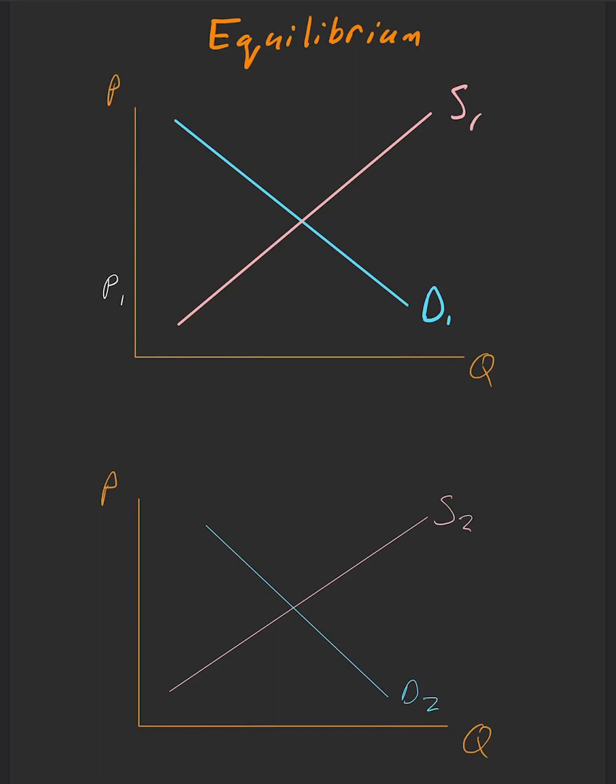Say the initial price is very low. Then the quantity that we're demanding will be very high, whereas at this low price, quantity supplied is very low. This is what we call a surplus, right? There's a lot of goods out there that are unsold. What happens in that case? Of course, the price, I'm sorry, this is not a surplus.